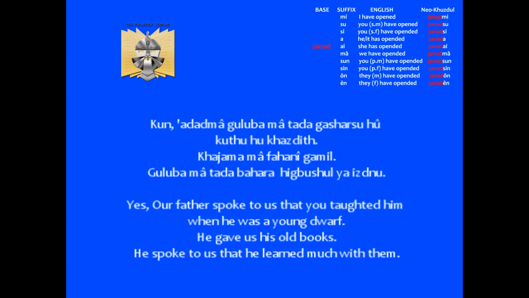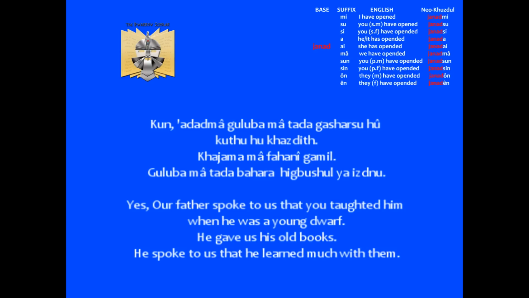And the last line, Guluba ma tada bahara higbushul ya iznu. Firstly, the second word in this line, ma, might seem familiar, as in adatma. We just saw adatma, which is our father. Ma as a separate word, however, means us. So if you join it with the noun, as in adatma, it means our father. If you put it separately, it would mean us instead of our.